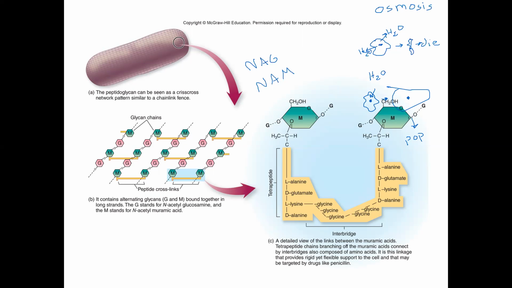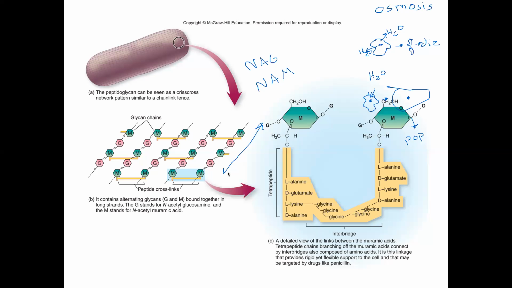And they're connected to each other. You can see here how. They're connected to each other by special sugar-sugar bonds called glycosidic bonds. And that forms a stable wall in one direction.